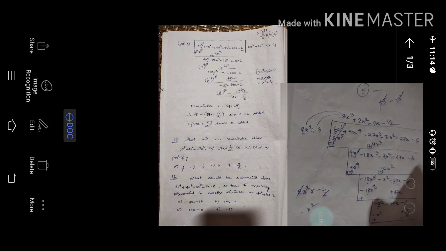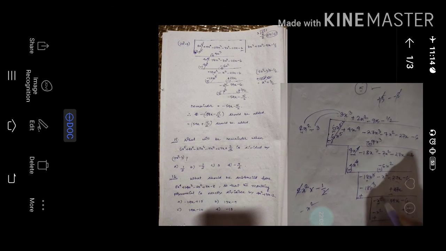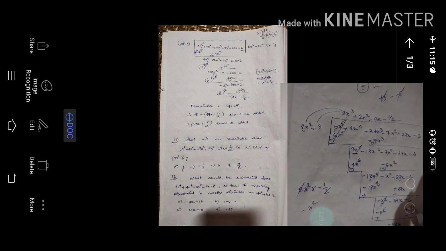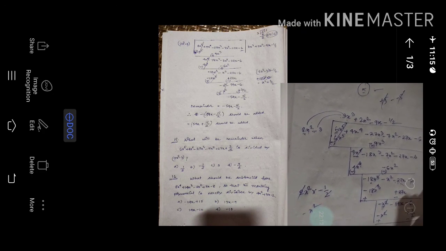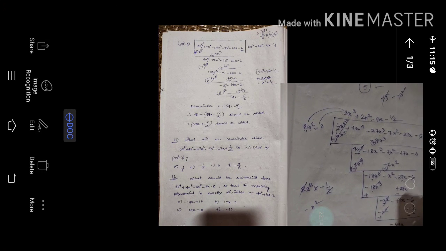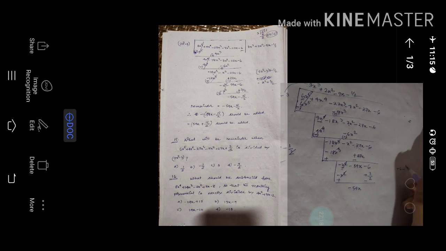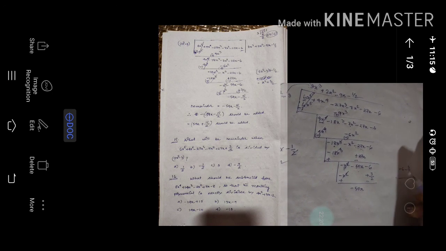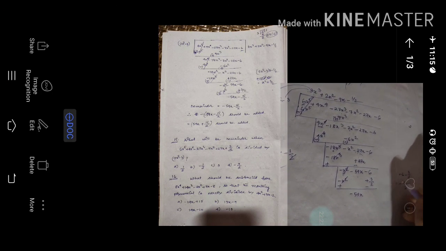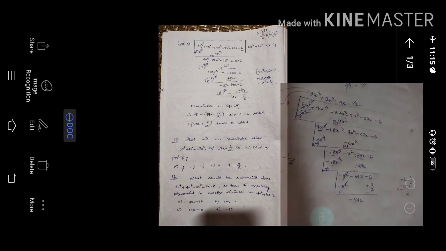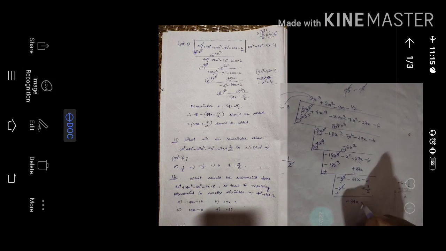So minus 54x, this will get cancelled. Minus 6 minus 3 by 2, how much? Minus 6 minus 3 by 2. Take the LCM. 6 12 minus 3, that means minus 15 by 2.